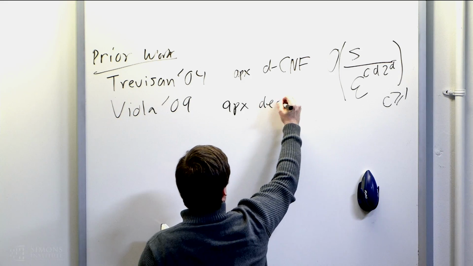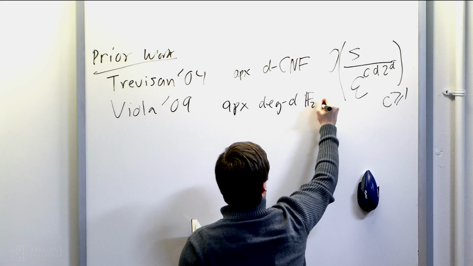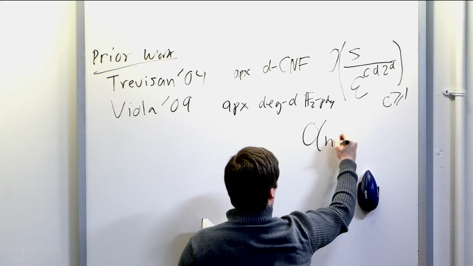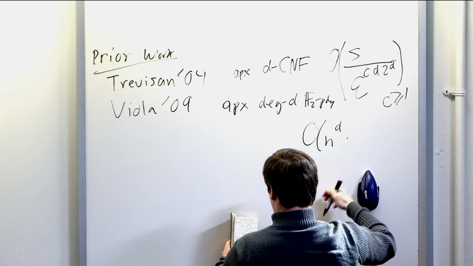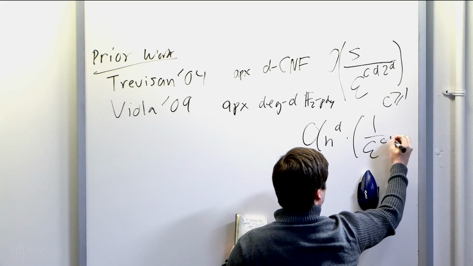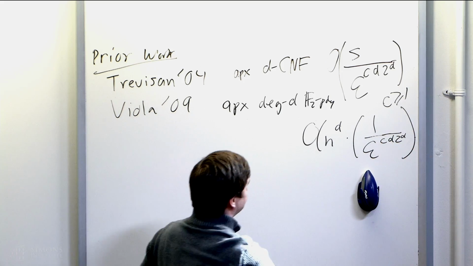And this gives you an approximation for degree D F2 polynomials, for example, that runs in order n to the D, I mean, a degree D polynomial could be that big, times 1 over epsilon to the C times D times 2 to the D.